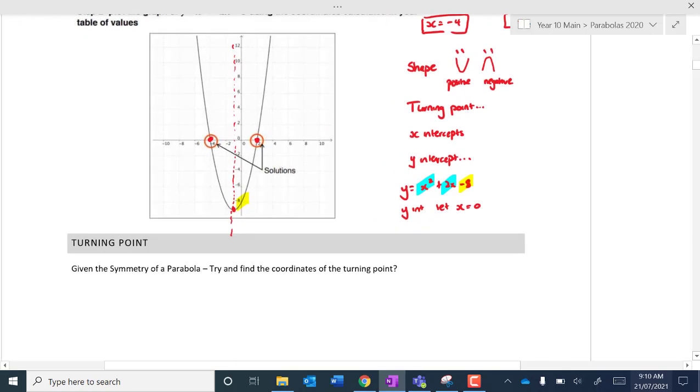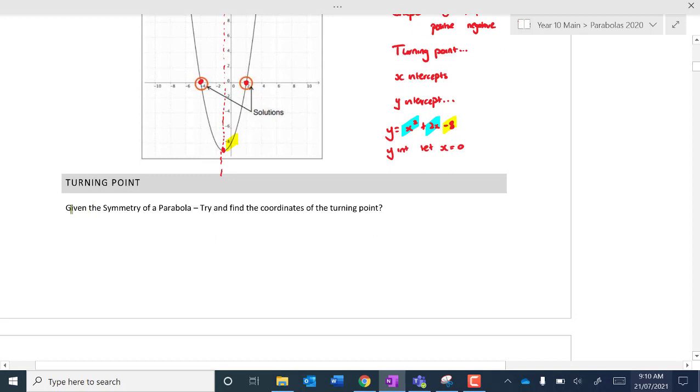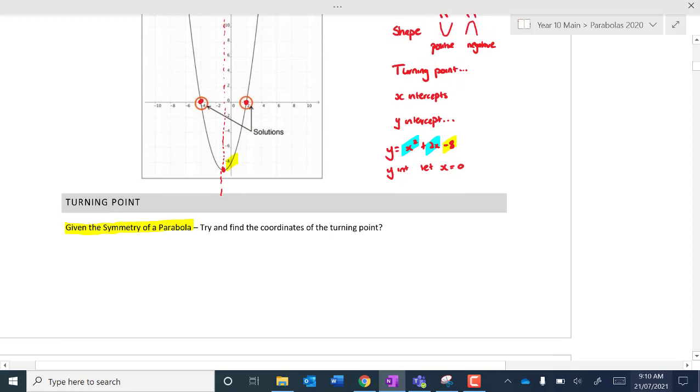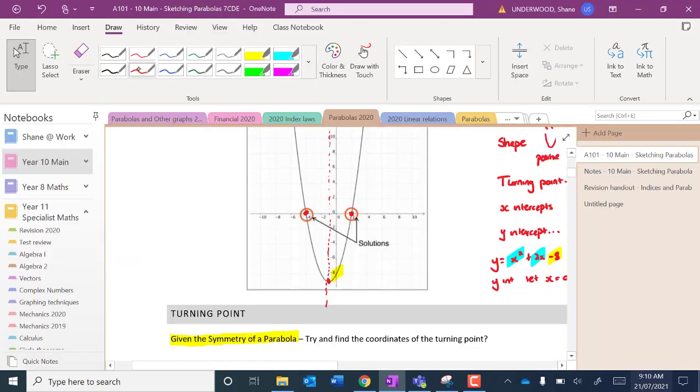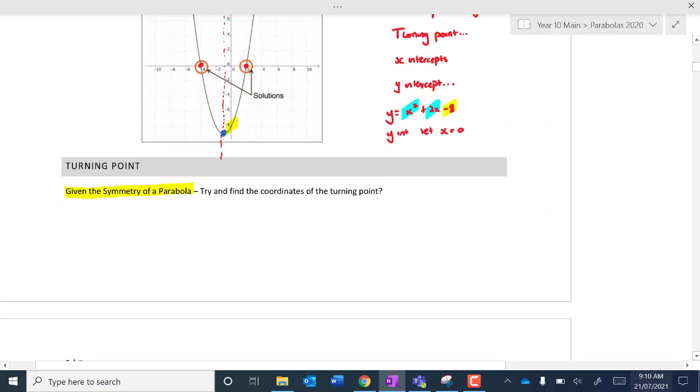Okay, so now if we start to bring all those together, the final thing is that given the symmetry of the parabola, find the coordinates of the turning point. So we should find that we can find that point in between. Now, how do I take the average of 2 points?